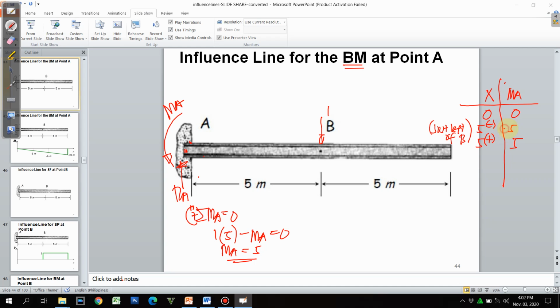And by the way, this is negative because this is counterclockwise. Then finally, when x is 10, we again perform that summation moments. So your unit load will be now on this position.